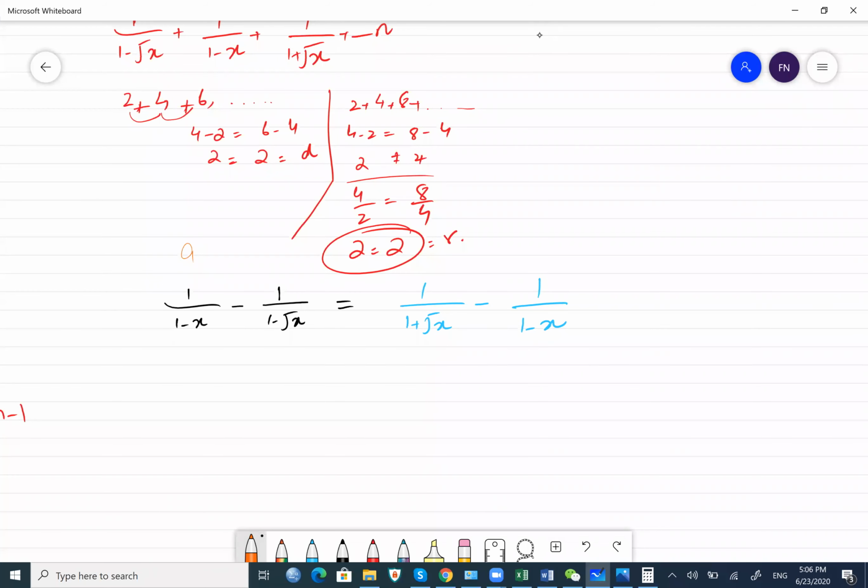This is a2 minus a1 and this is a3 minus a2. That is what we do to check an arithmetic series. Like here, a2 minus a1 and a3 minus a2. If the common difference is the same, then yes, it is an arithmetic series. Likewise, we subtract a1 from a2. Can you follow?